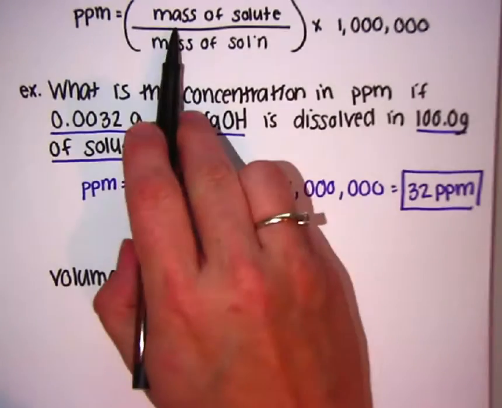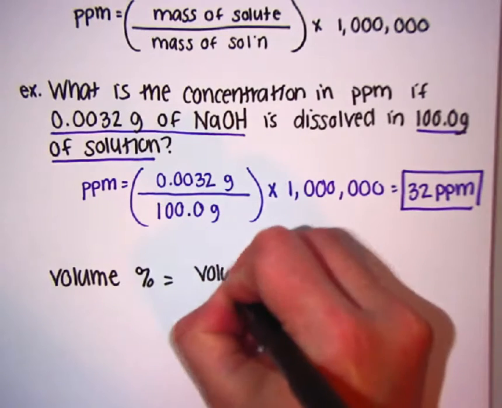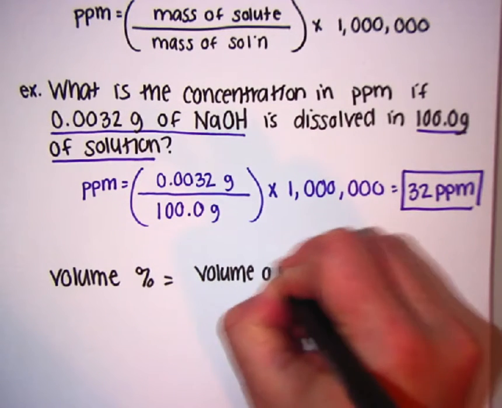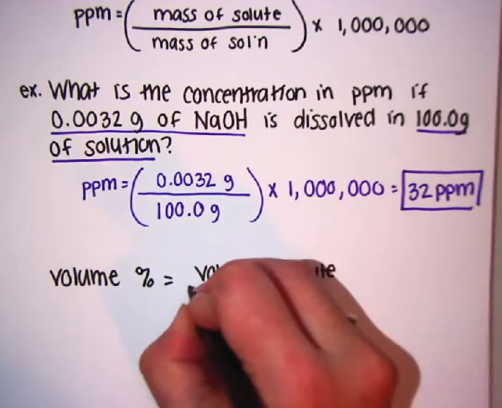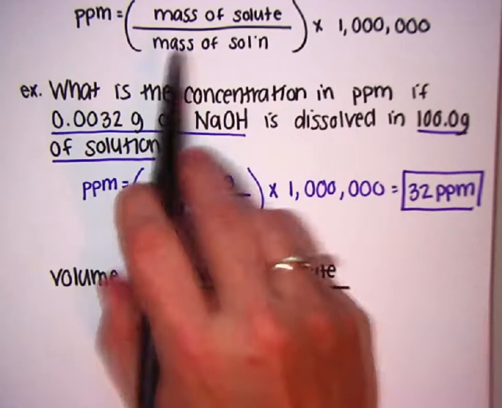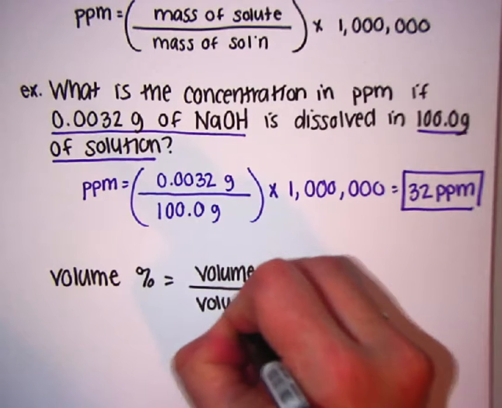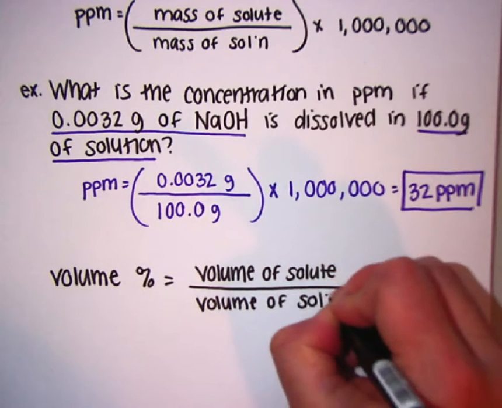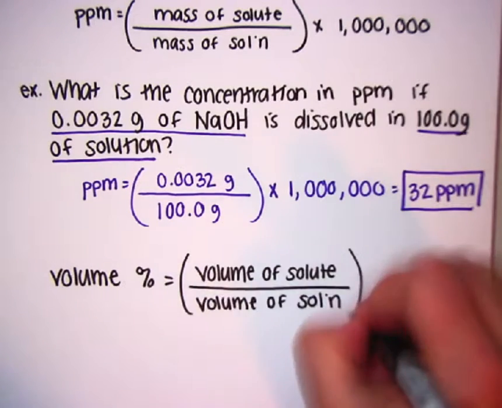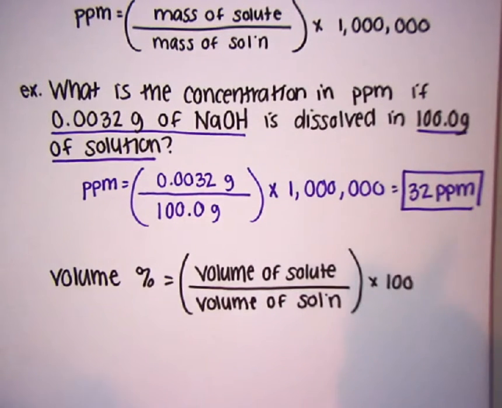Instead of taking the mass of the solute, we're going to take the volume of the solute. Instead of dividing it by the mass of the solution, we're going to divide it by the volume of solution. And since it's a percent, we want to multiply by 100.